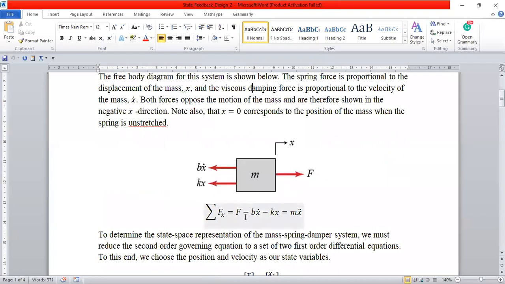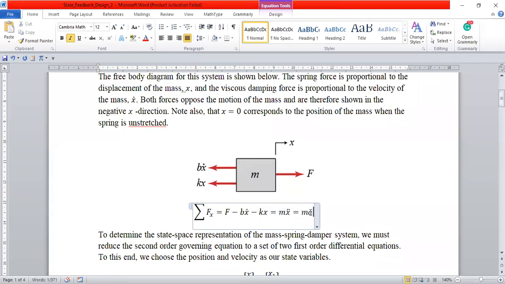Then we want to get the mathematical model for the mass spring damper system. So we use Newton's second law of motion. So we know that the sum of the forces acting on the body is equal to mass times acceleration.